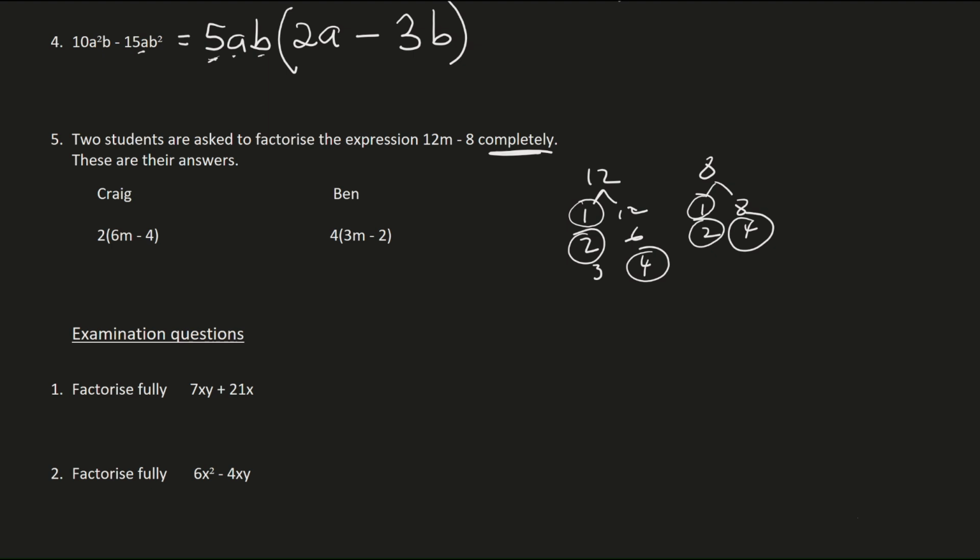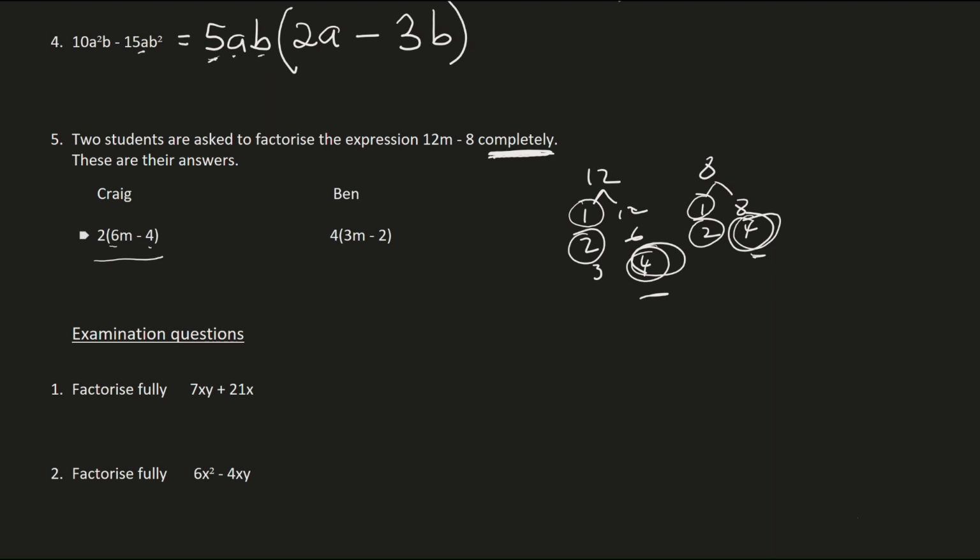Now, if you look at Craig's answer, Craig factorized 2 out, which, since we are factorizing completely, is not correct because you want the highest common factor, which is what? 4. So we can tell that Craig has partially factorized this expression. And then moreover, 6 and 4 can also be factorized further.